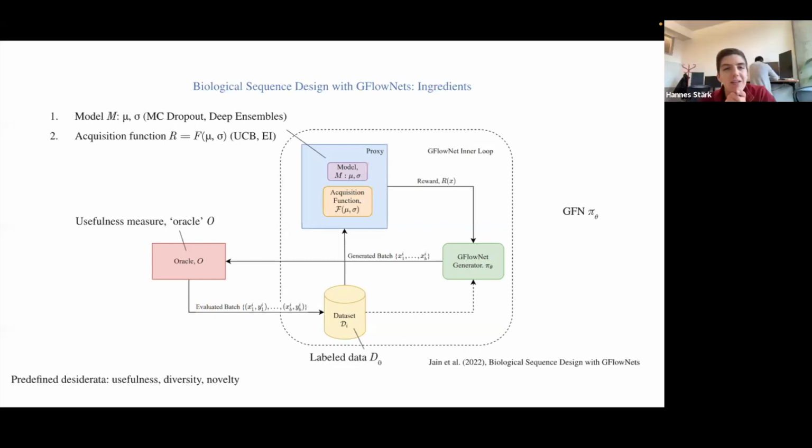And then Karen is asking, do we have any guarantees of discovering the modes of the oracle? I guess we don't have any exact guarantees, but if we assume that the policy has support over the reward distribution, and if your neural net has enough capacity, then we are guaranteed to converge to the target distribution.